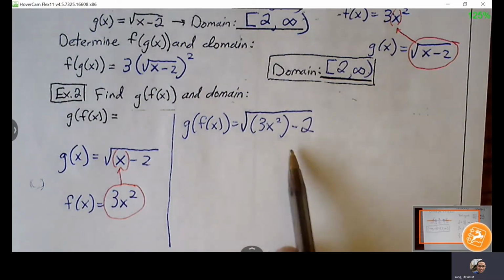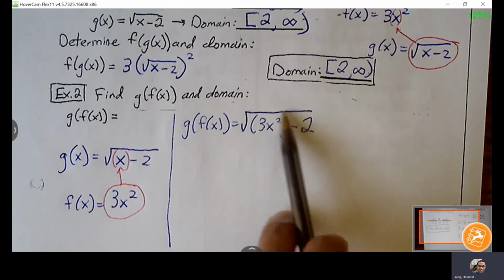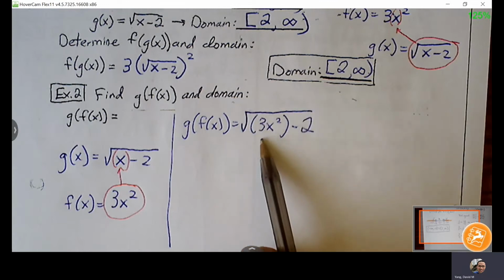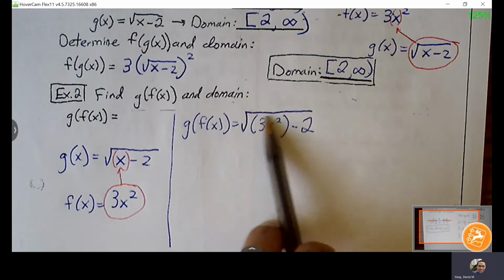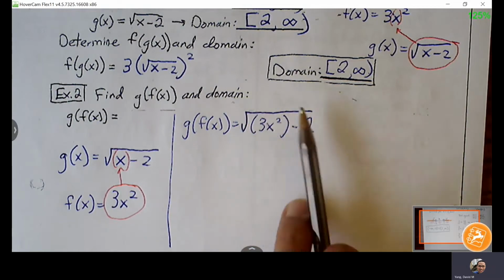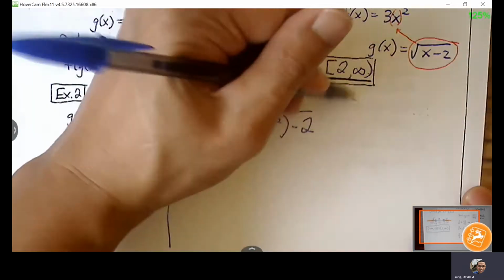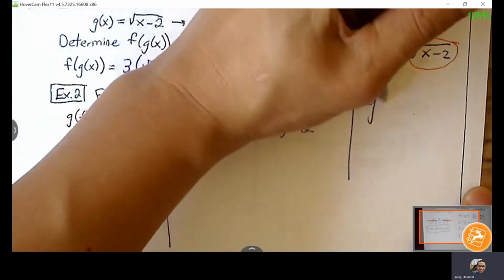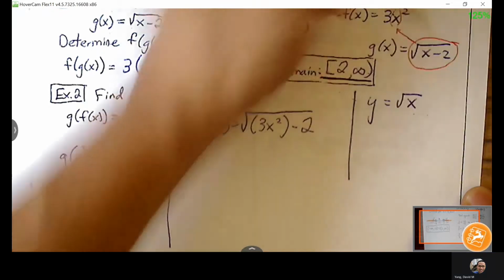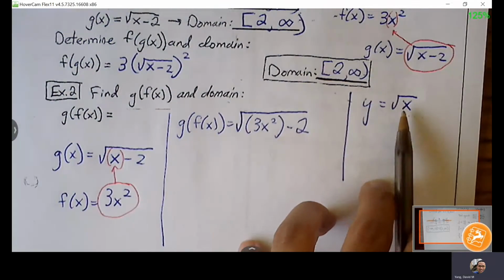Okay, now to find a domain, we want to be able to identify what the issue is here. You see how this is inside the square root? So that means there's a built-in restriction with the square root. Okay. So I want to remind us of something here. If I gave you y equals square root of x, we know that there's a restriction, right?